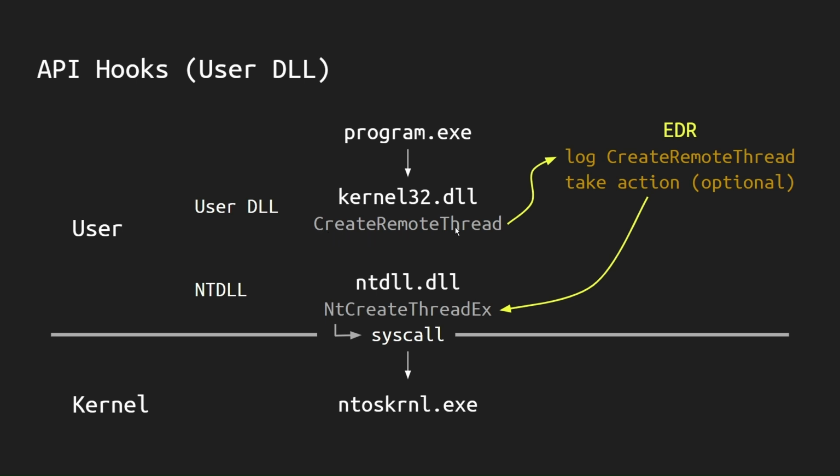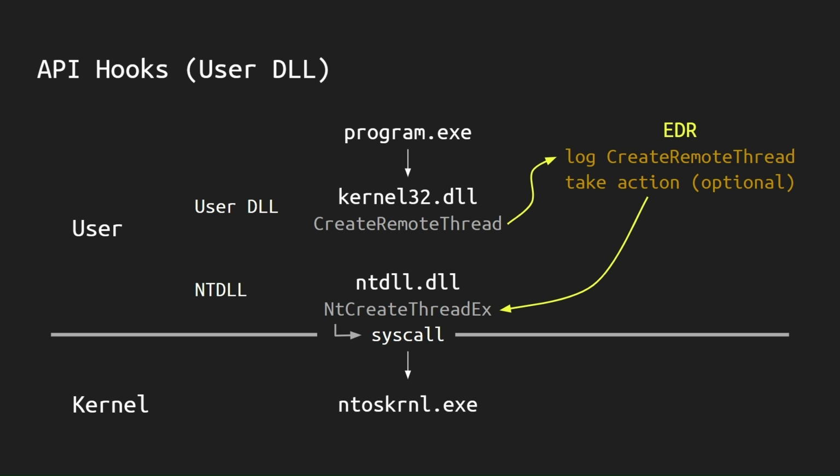It runs CreateRemoteThread in kernel32.dll, the function that it calls in the program. But remember, the beginning of that function was overwritten so that we jump to the EDR. The EDR takes some sort of action, and then from there the EDR can run the rest of that function, which will take us to NTDLL.